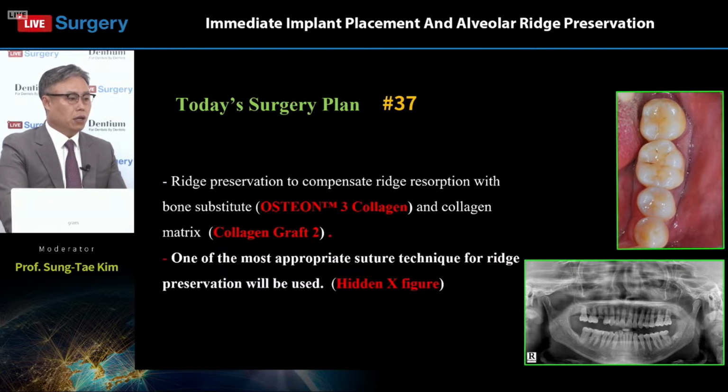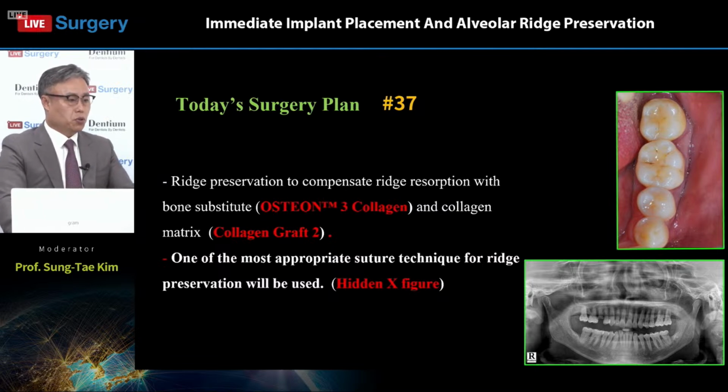Osteon 3 Collagen, this is a collagenated bone graft, will be delivered, and a collagen matrix will be used. The reason why nowadays we are using the collagenated bone graft and the collagen matrix for the ridge preservation procedure, I'm going to explain later after the live surgery.